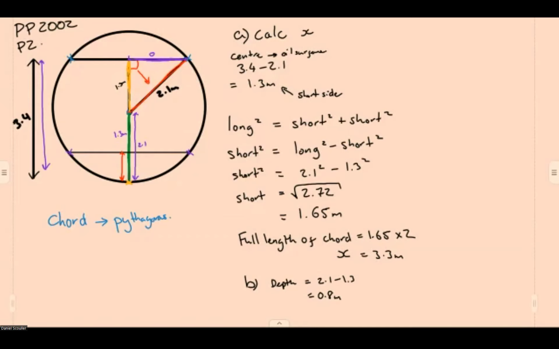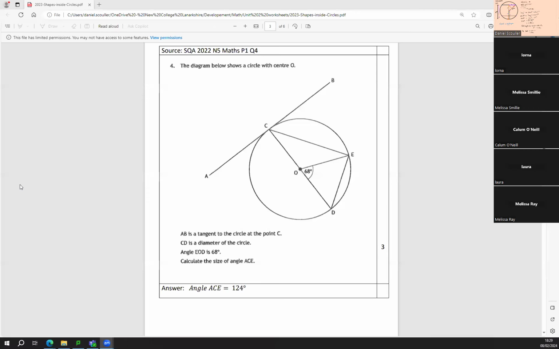If you've got the email I sent out, just open up the worksheet. Is it the one that shapes inside circles? Yeah, shapes inside circles. Is there still Pythagoras? Well, there's a wee bit of Pythagoras in it. If you can't see that on the screen, I'll find my mouse.